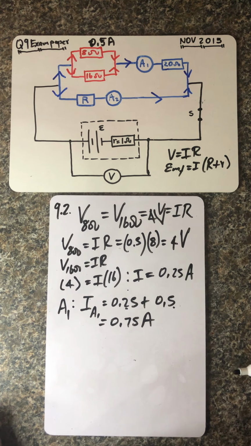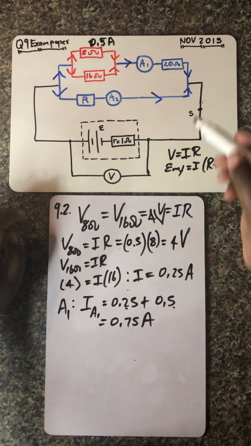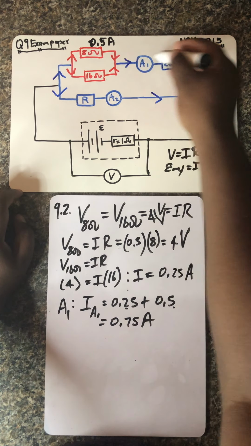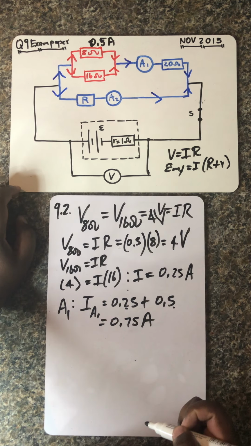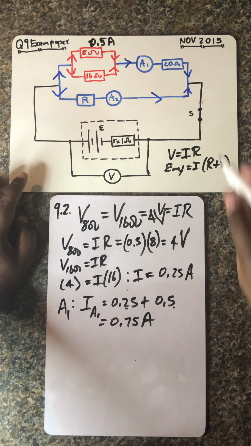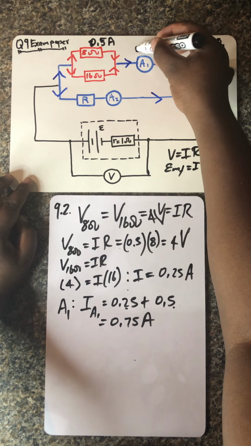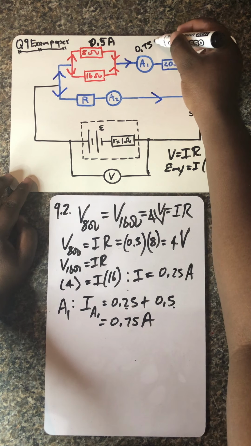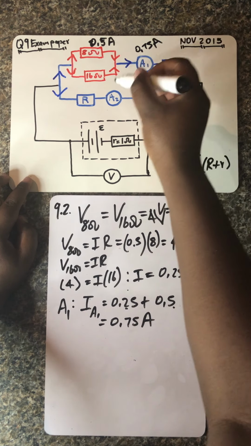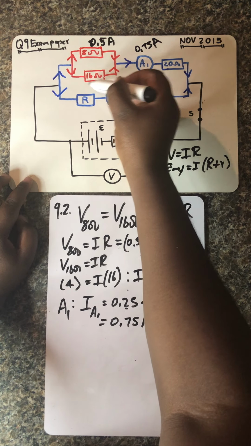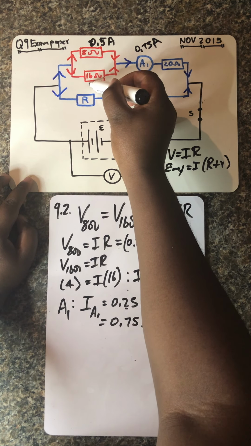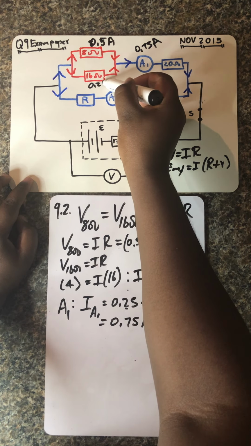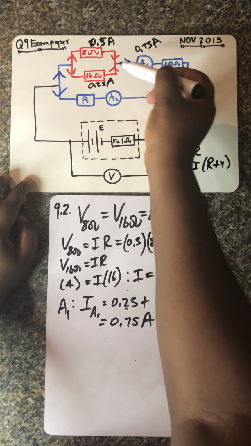this question, question 9.2. So that means the current flowing there is 0.75 amperes. This is 0.75 amperes. So that means the current flowing there is 0.25 amperes.